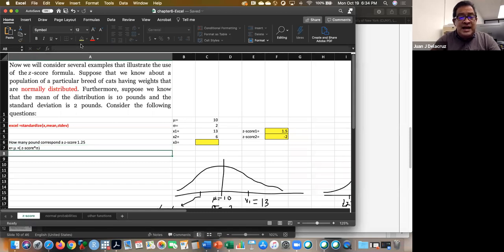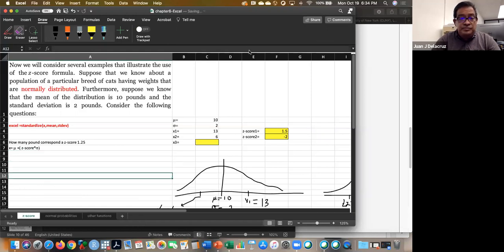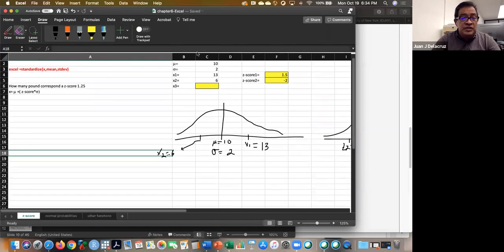In this case, I have the z-score that is going to be 1.25. So here the question is the following. I have the same graph. Well, in this case, what I have is the standardized, right?